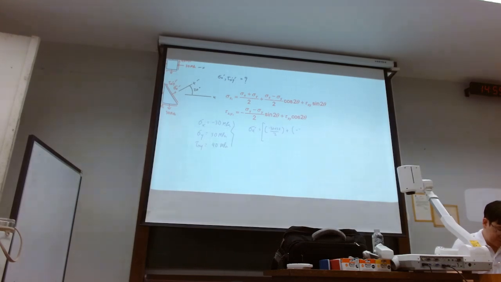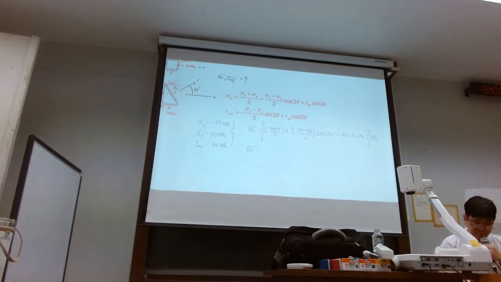So again, this is minus 30, and then this is over 2. Cosine of 40 degrees, and plus tau xy, this is 40, sine of 40 degrees. This is in MPa. Only then can you do this substitution.